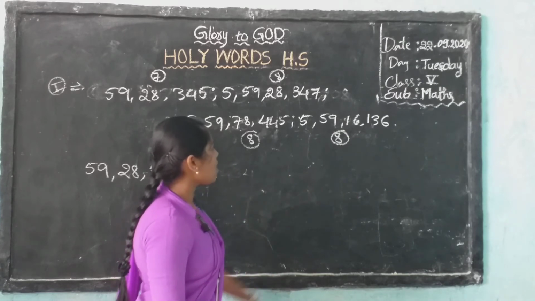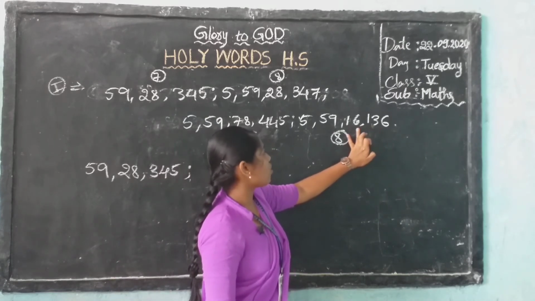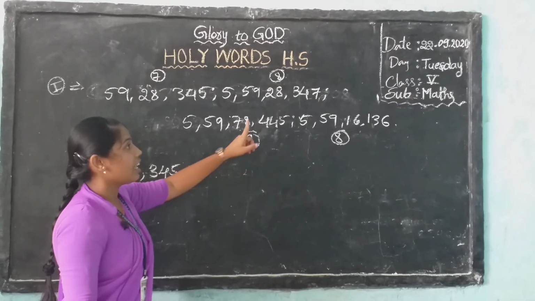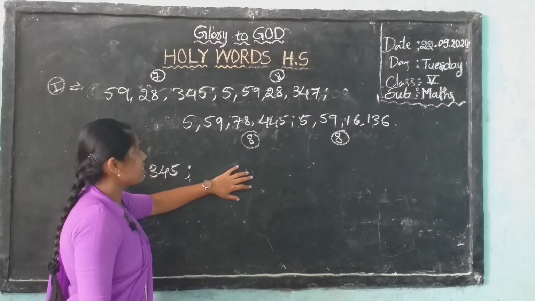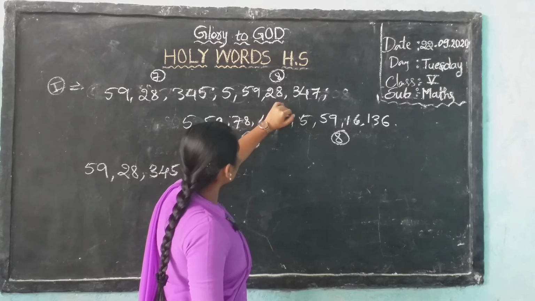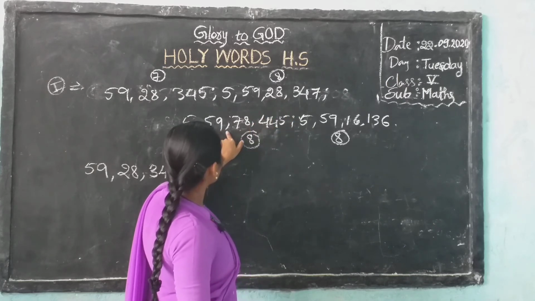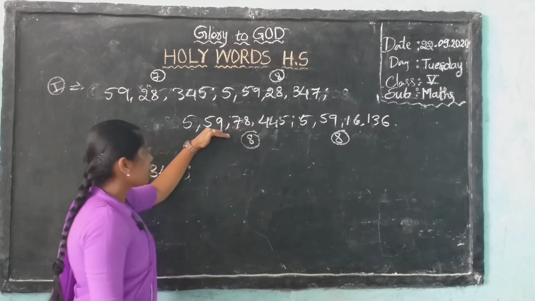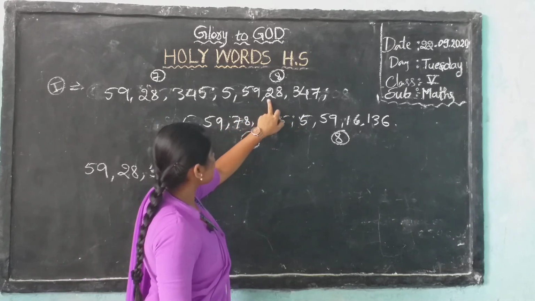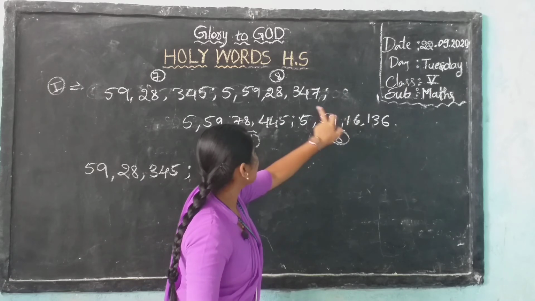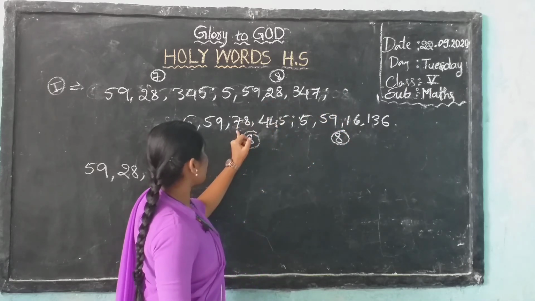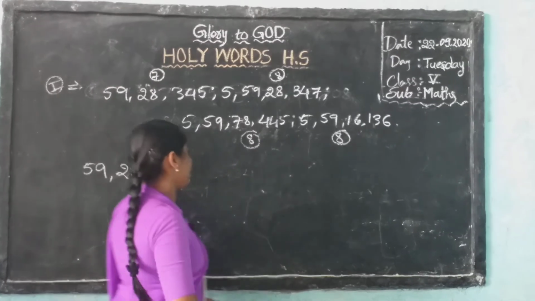So listen carefully: 1, 10, 100, 1,000, 10,000. The 10,000 digits are different. So among these, 5 crores 59 lakhs is the same, so compare the rest: 1, 2, 7. So this is the smallest number.